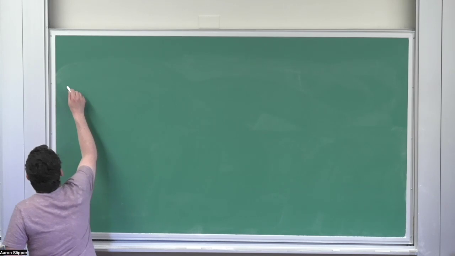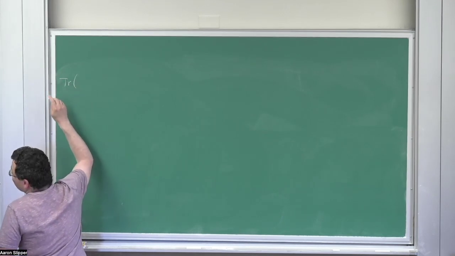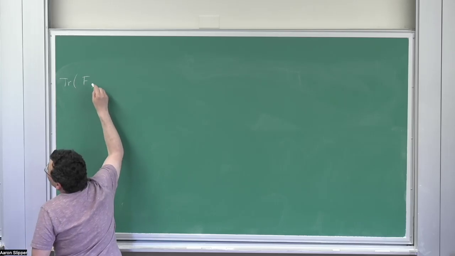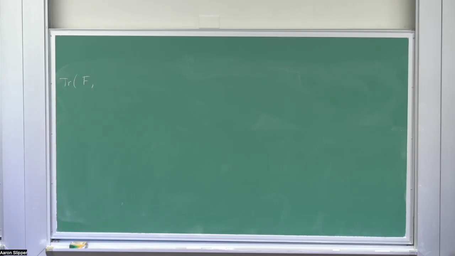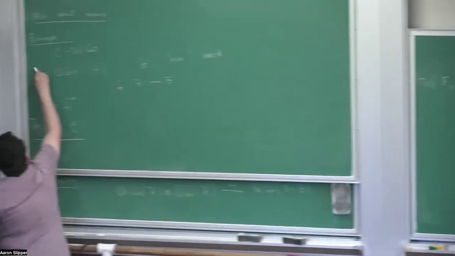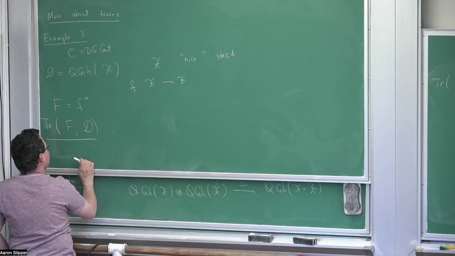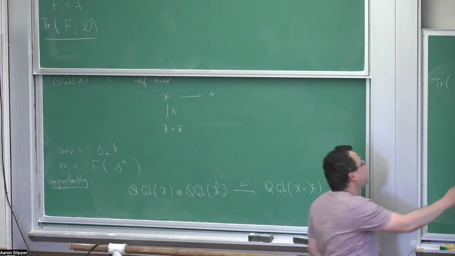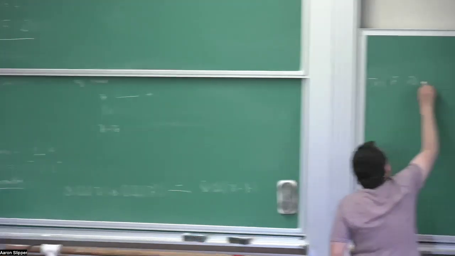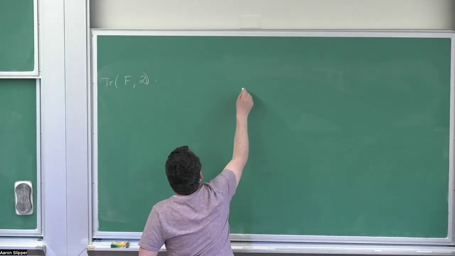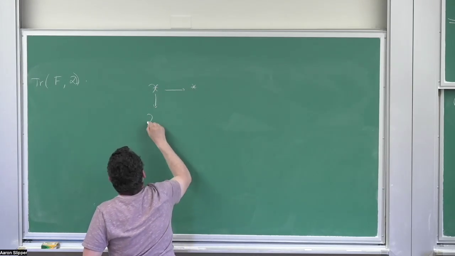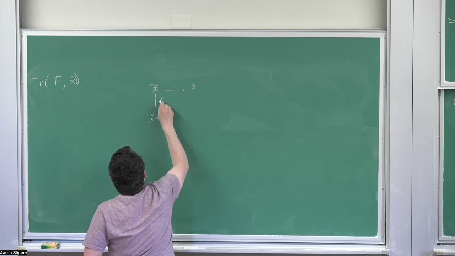So the upshot is, we can compute the trace, now we can use base change. We can compute in the following way. We start from a point X. I have the diagonal.